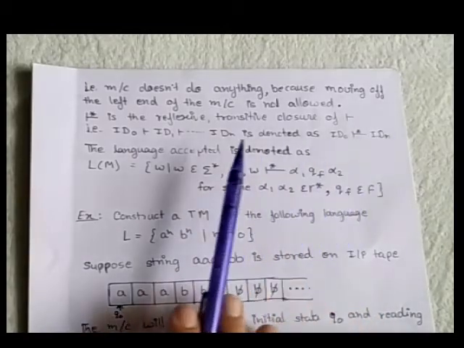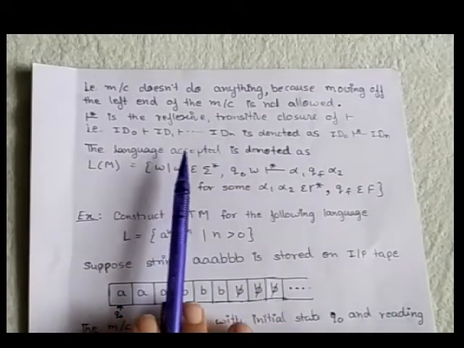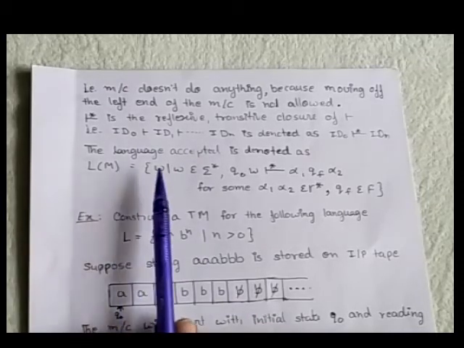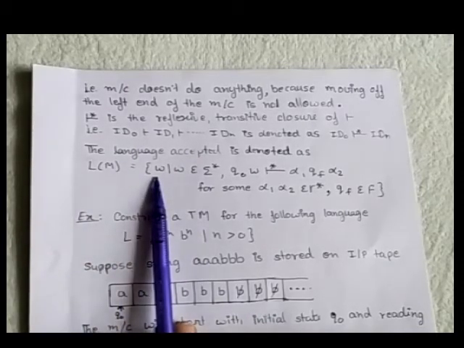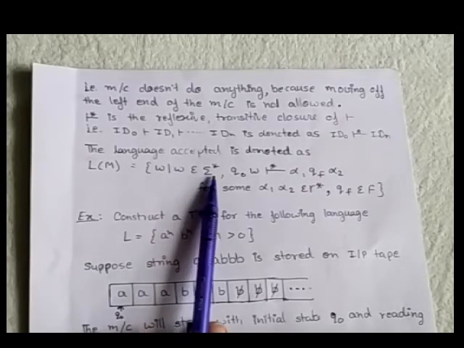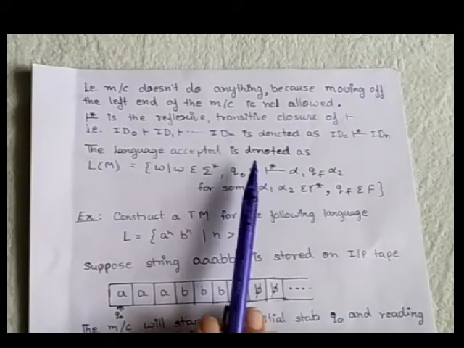So we can write the language accepted like this: the language is a set of strings w, where w belongs to sigma star.